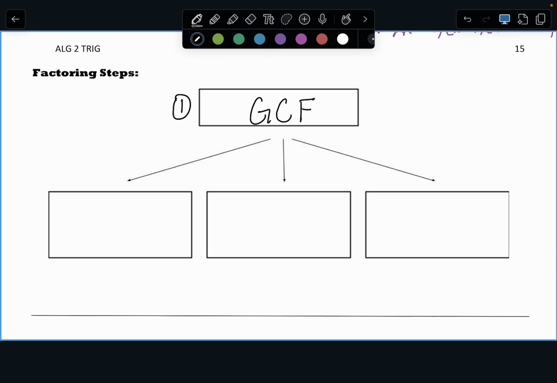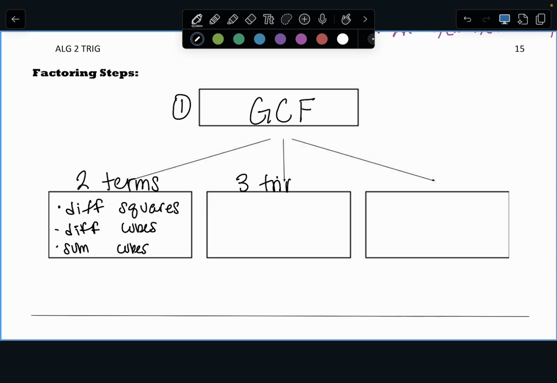Okay. Step 2 depends on what? If it's a binomial. Yep, the number of terms. So if we have 2 terms, a binomial, we now have 3 options. We have a difference of squares. We have a difference of cubes. Or a sum of cubes. If it's 3 terms, if it's a trinomial, what do we do?